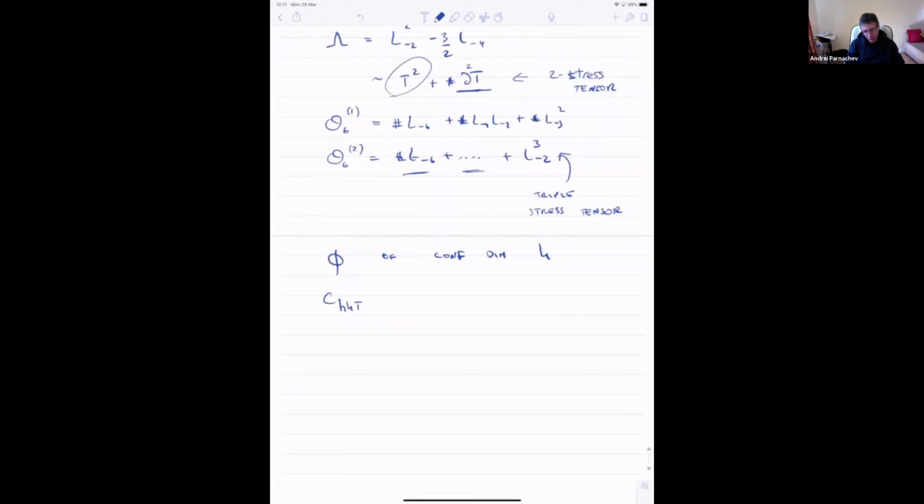So basically, one way to see this is that this T squared is everything that appears in the OPE of two stress tensors minus singular terms. Okay. And then you can compute the OPE of this with the corresponding descendant of the stress tensor, and in order for it to vanish, you need to add this piece. Okay.